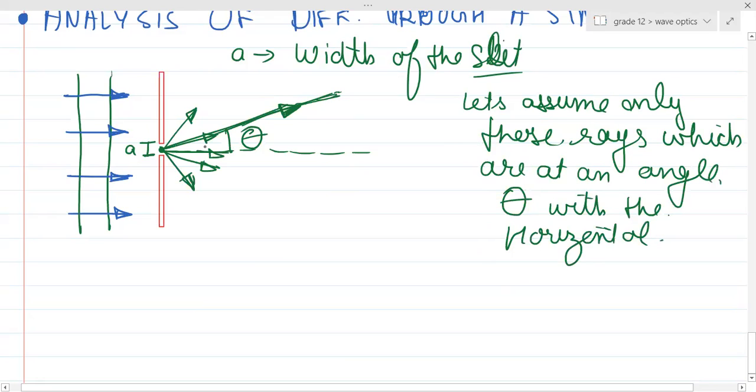Is this clear, guys? So you will assume only these rays which are at an angle theta, and generalize for them. In the case of diffraction, you obtain intensity as a function of this angle theta.